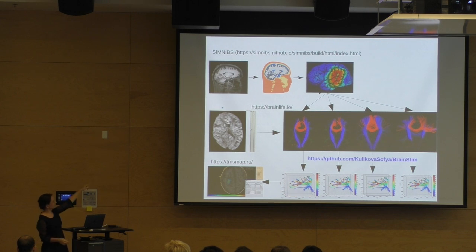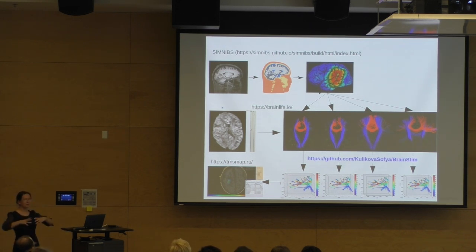And on the bottom, I was taking diffusion data, and Daniel showed me how we can use Brainlife to generate many different tractography data sets, changing their parameters. And then we just combined the output of SimNIBS and the tractography data to calculate the results.